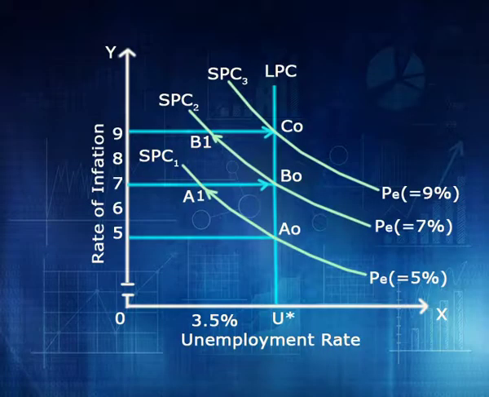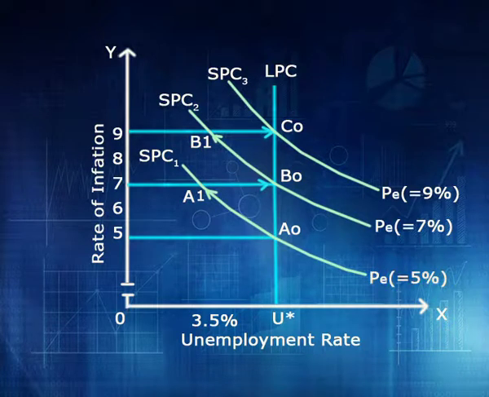According to this theory, there may be a trade-off between rates of inflation and unemployment in the short run, but there is no such trade-off in the long run. The view of Friedman and his followers, the monetarists, is illustrated by the Phillips curve SPC1, and the economy is at point A0 on it, corresponding to the natural rate of unemployment equal to 5% of the labor force in the figure.